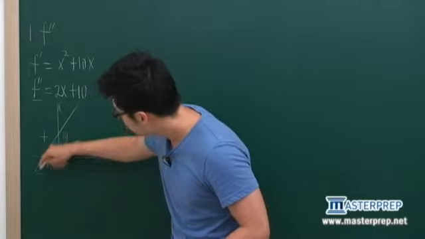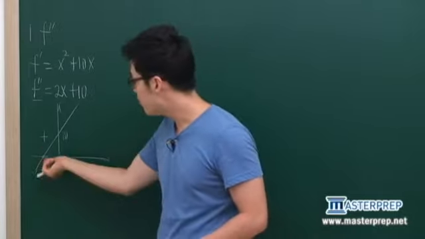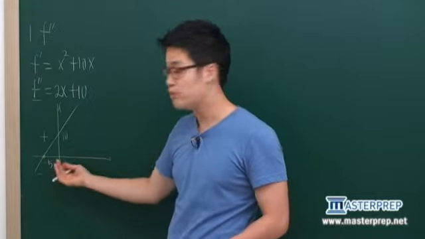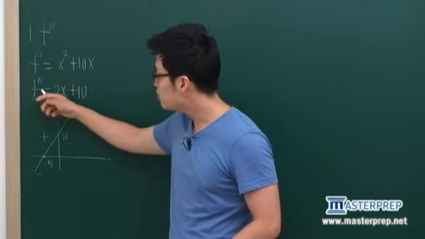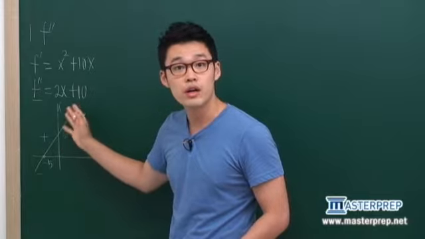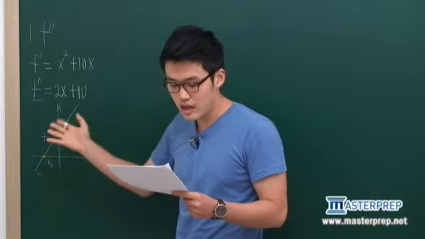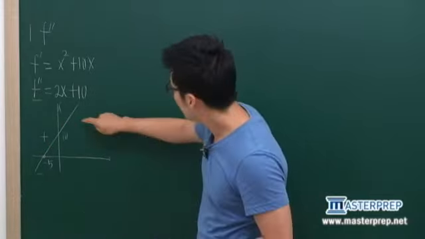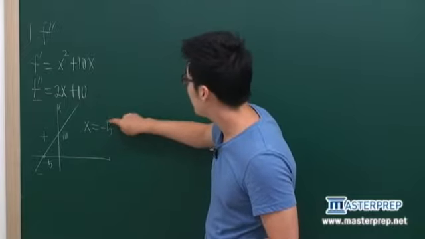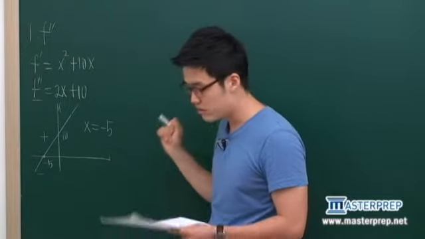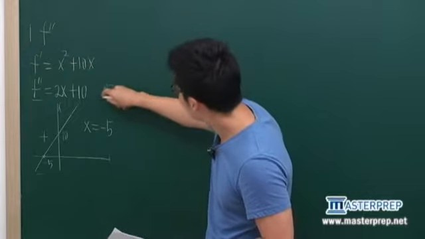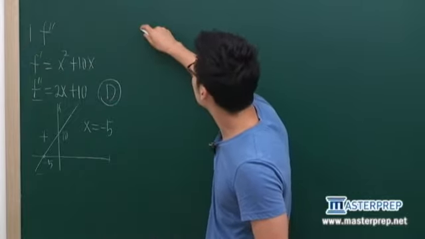So at this point it becomes 0, right? And this is the point where the inflection point actually exists, because the sign of f double prime changes, right? So you could say the x-coordinate of that point is x equals -5. So this is all about differential calculus. So this is D, right? So let's get into number 2 then.